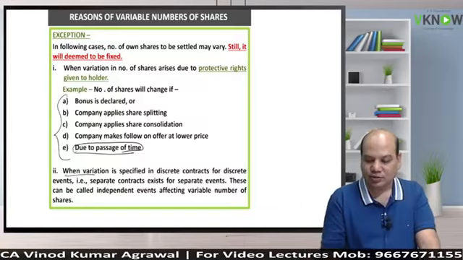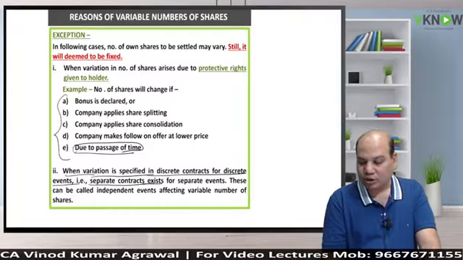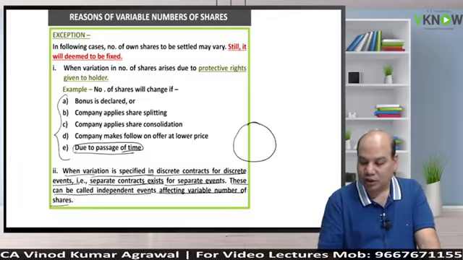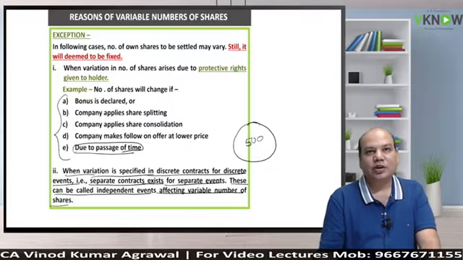When variation is specified in a discrete contract for a discrete event, that is, a separate contract exists for a separate event, these may be called independent events affecting a variable number of shares. If this event happens and the share gets listed, 500 shares will be issued.